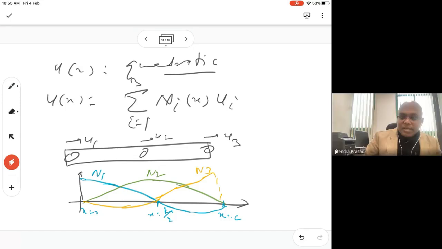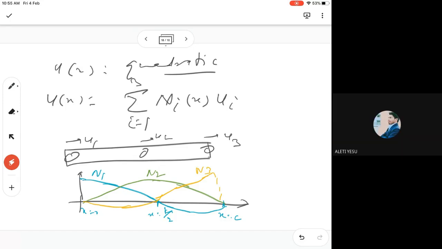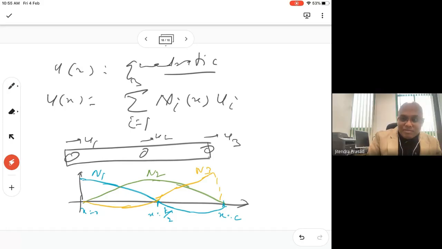Excuse me, sir. It's out of my curiosity: in practicality, what could be the distance between two nodes in any structure? Could it be on the order of nanometers or centimeters? No, it depends on the problem. You cannot tell like that whether it is mm, micrometer or nanometer.